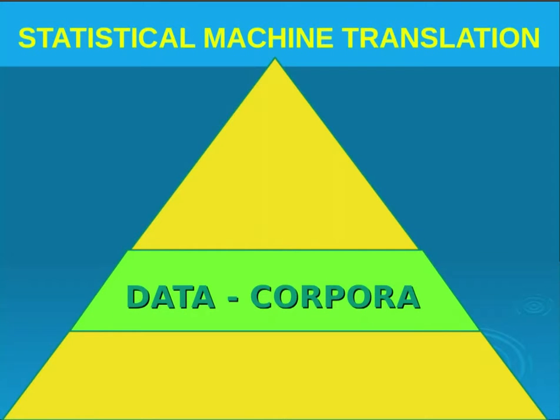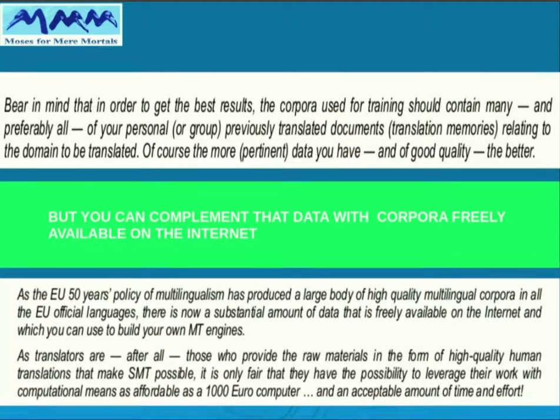So now about data. To train a statistical machine translation system, the first thing you need is data. The ideal is to have your own translations that you have done in the past, which will therefore have your own documents with your own terminology and your own style.